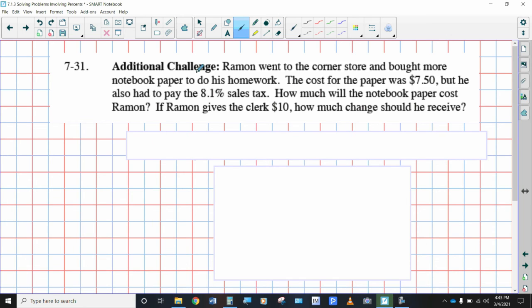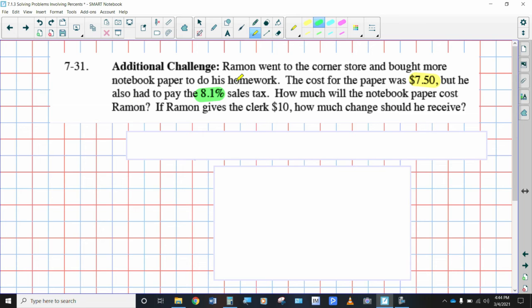So, all right, Ramon went to the corner store and bought more notebook paper to do his homework. The cost for the paper was $7.50. Let's go ahead and write down $7.50. But he had to pay a sales tax, which was 8.1%. How much will the notebook cost Ramon, or the paper? How much will it cost him?